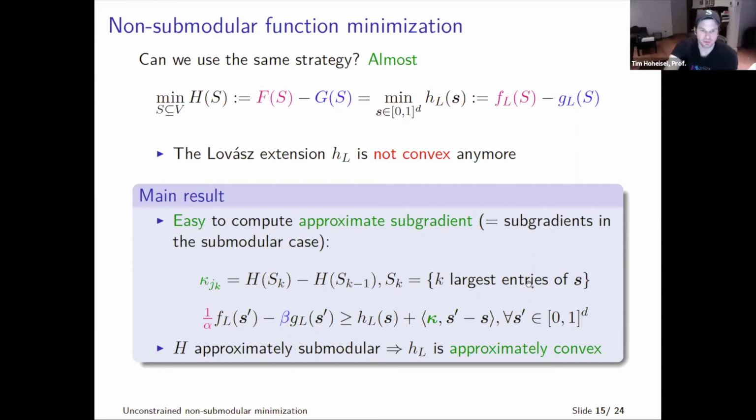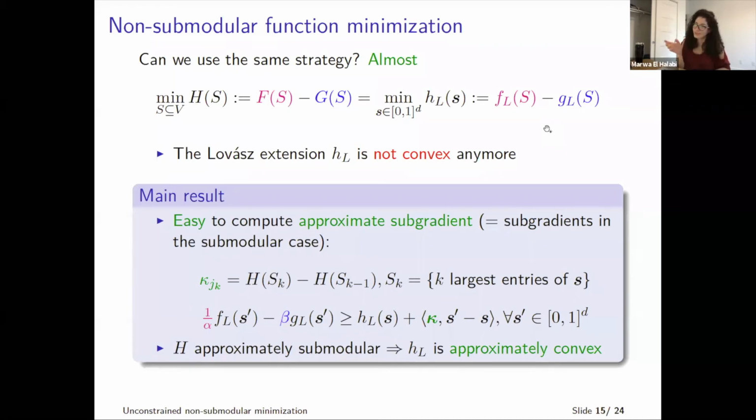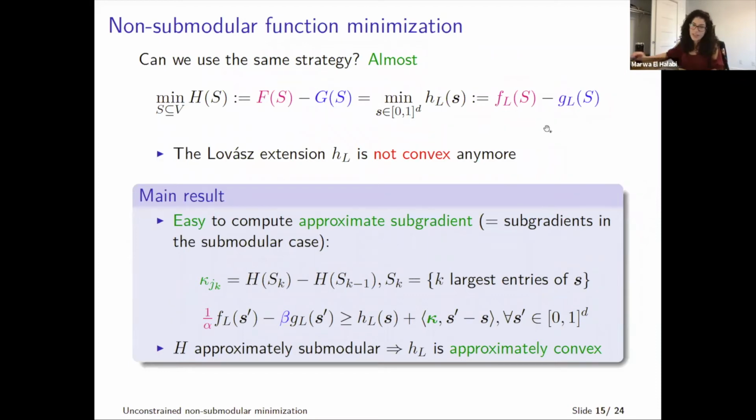No, I mean, above you defined that h_L is f_L minus g_L. Yeah, right, this is not the definition. Yes, it follows from the properties. Yes, exactly. Thanks. This is one of the nice properties of the Lovász extension, that the Lovász extension of the sum of two functions is the Lovász extension of the first one plus the Lovász extension of the next one.